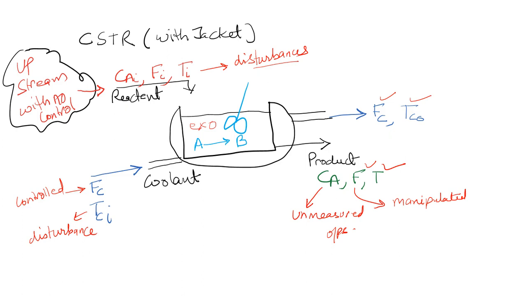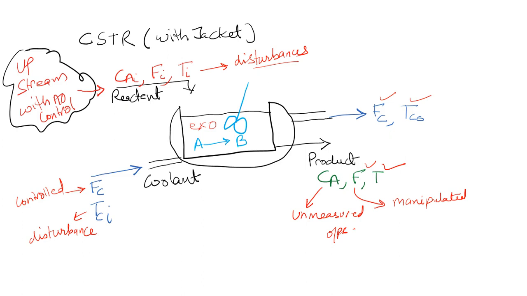So all these input variables, that is concentration, flow rate and temperature, can be disturbances, because they have not been controlled initially, and we have already defined disturbances as inputs which are not the result of adjustment. So all these variables are termed as disturbances.